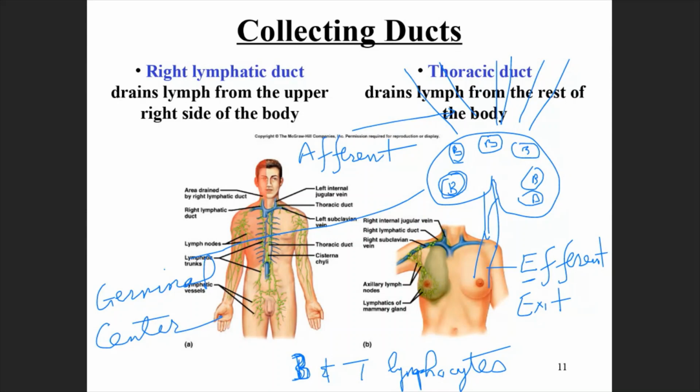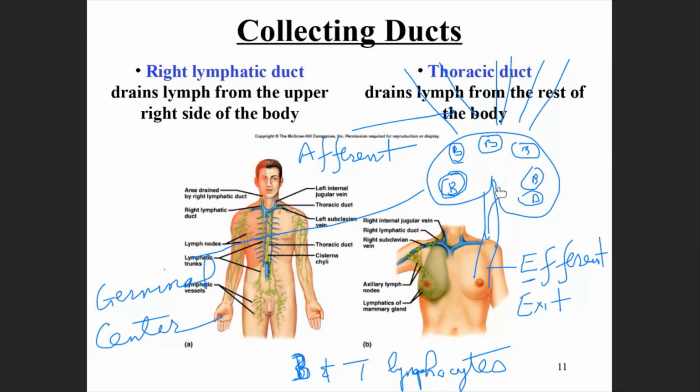One of the functions of the lymph node is to filter, but it's also an area where the body first encounters any pathogen that potentially invades your body.